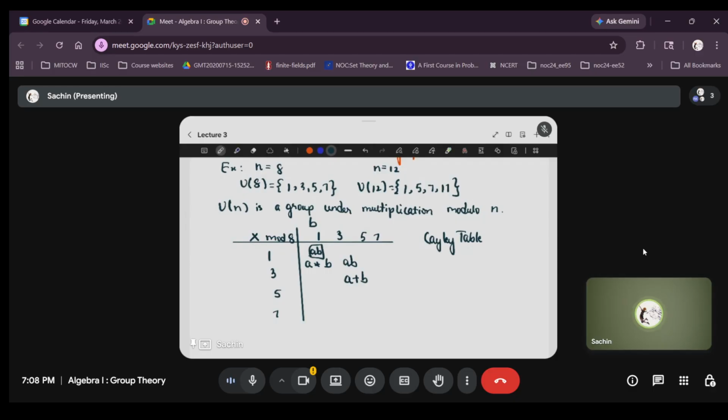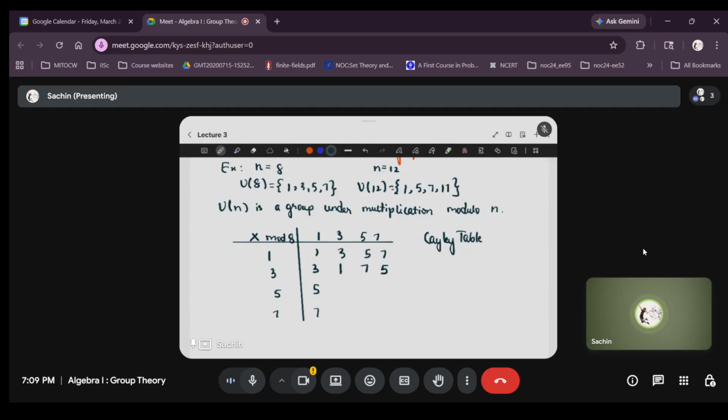So now in this case, 1 times any number will just be the number itself, even in mod 8 multiplication. 3 times 3 is 9, which is 1 in mod 8. 3 times 5 mod 8 is 7. 3 times 7 mod 8 is 5.